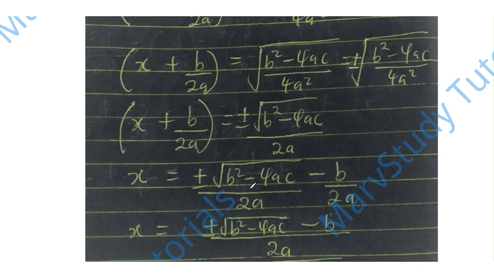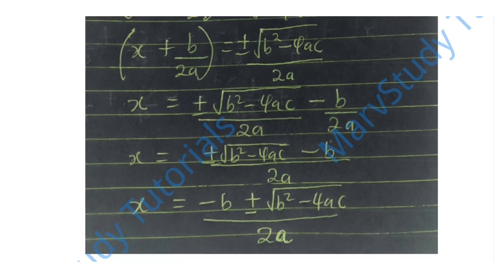So that's negative b plus or minus the square root of b squared minus 4ac all over 2a, which is another way of writing this expression. So that's the quadratic formula, essential to find solutions to a particular quadratic equation.